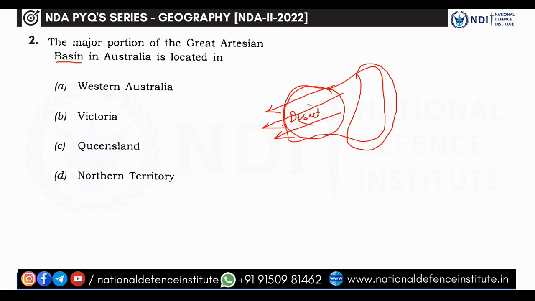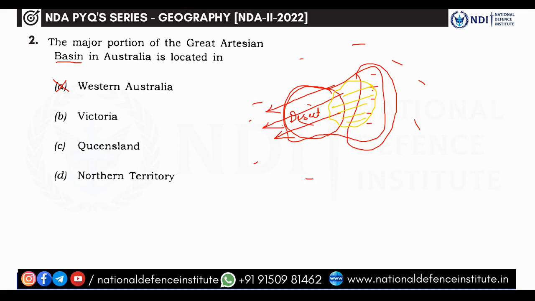So we cannot have the major Great Artesian Basin on the western side. That is wrong. What is this Great Artesian Basin? Whatever development they have has to depend upon fresh water. Since there is much marine water around the continent, they depend upon groundwater. The groundwater present along this region itself is the Great Artesian Basin.